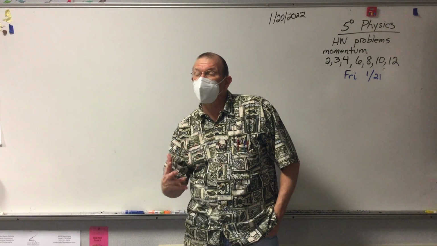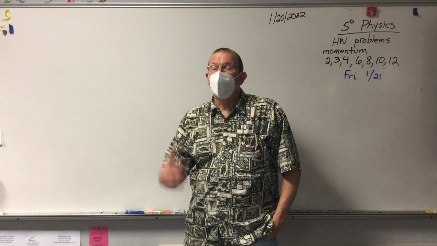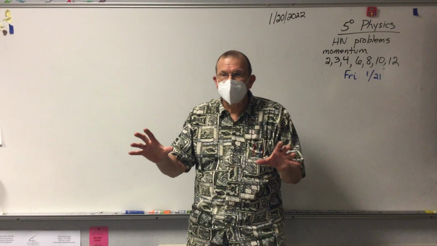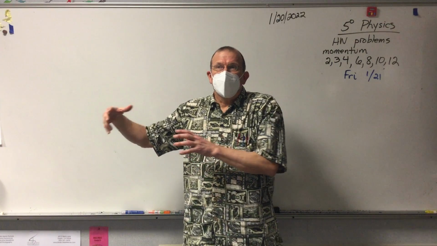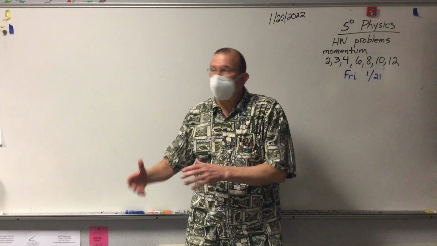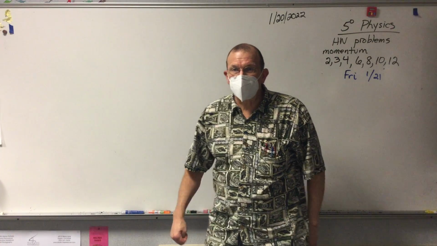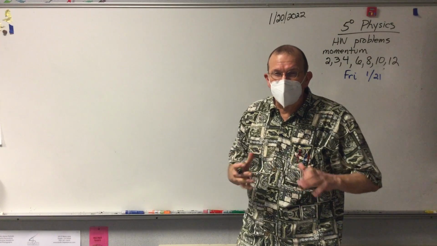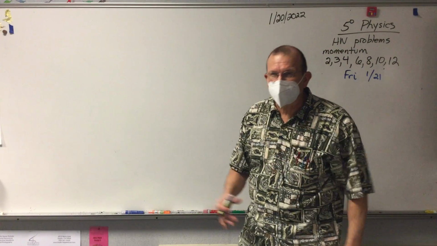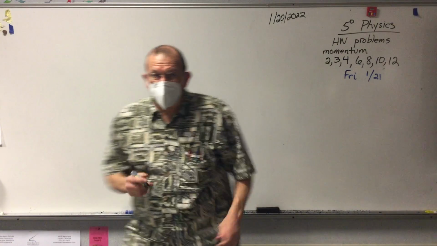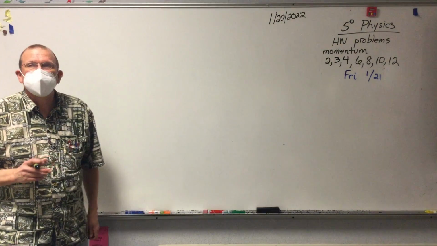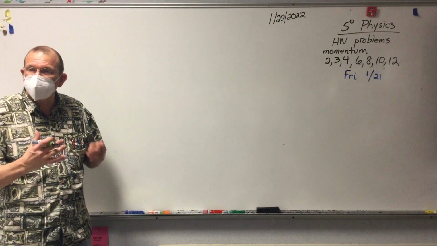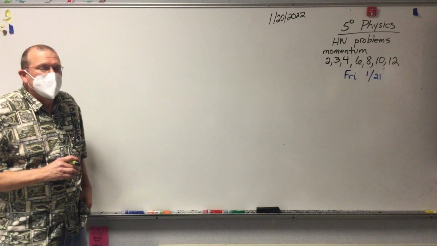So the idea is tomorrow you're going to turn in one of the A problems from either momentum or impulse. All the other problems on that worksheet are about the conservation of momentum. So we're going to try and give you a little bit more of a mathematical toolbox to work with.